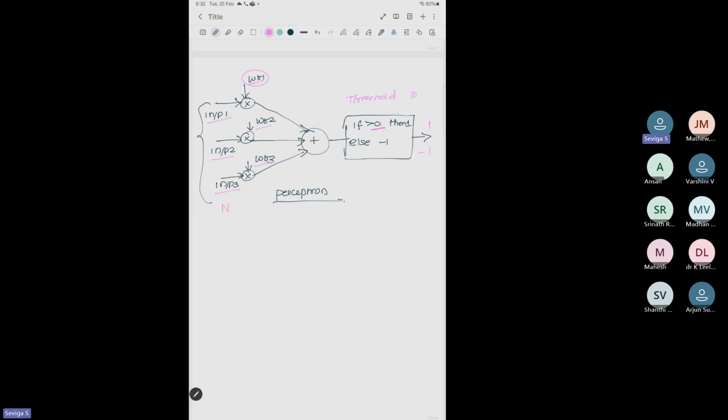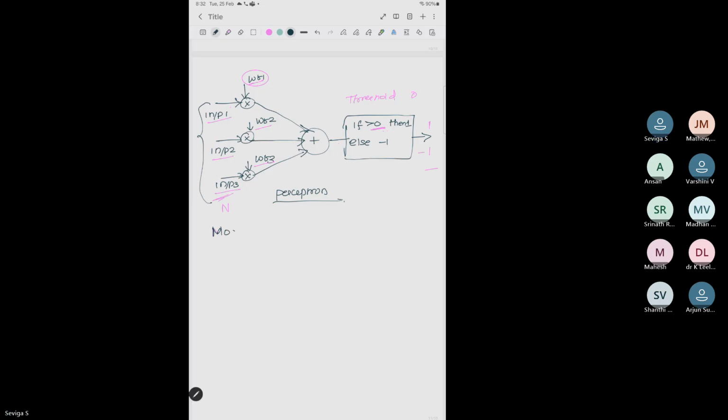The perceptron is inspired by this, but here we have numbers, not chemicals or electrical charges. Both the input and output are numbers. So the perceptron is a simplified model of the neuron.